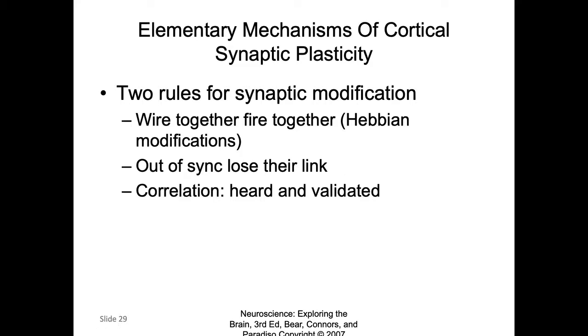So, okay. Now we've learned about this type of thing, meaning how these different neurons are connected and so on. What we want to do is start to think about how this might relate to memory.